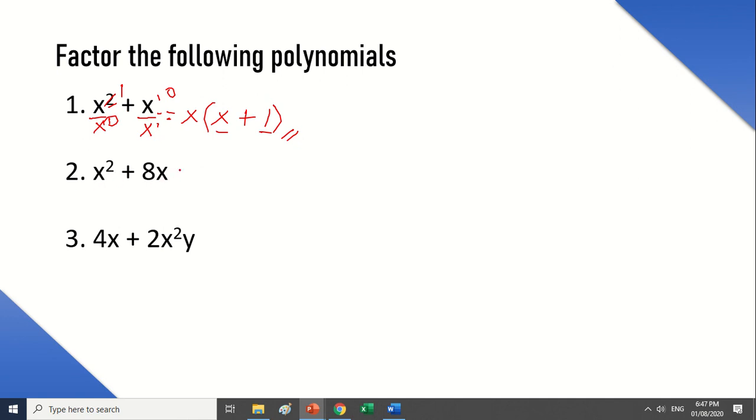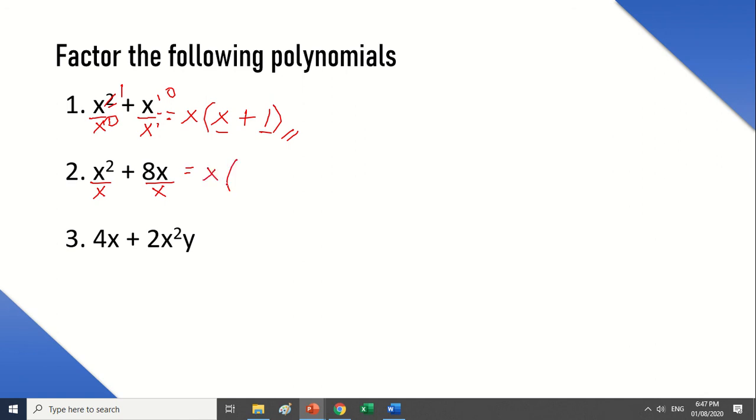X squared plus 8x. So, again, as we can see, the only common factor between the terms is x. So let's use x here. Then divide them.